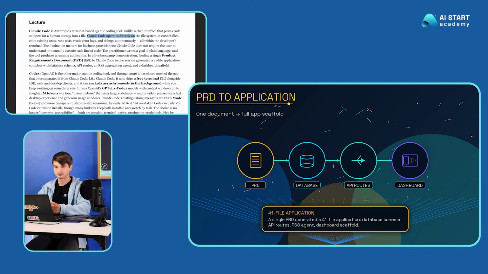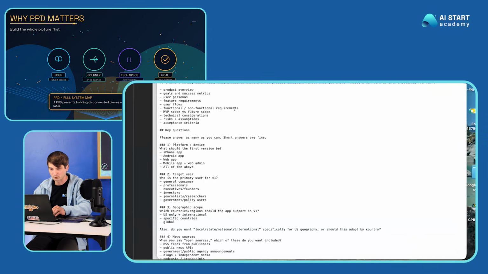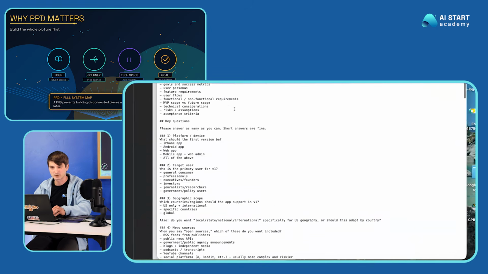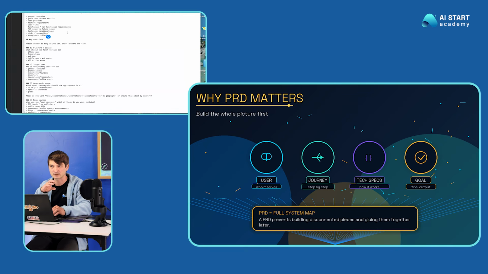So a product requirement document is a document that outlines what the project is about. Let me show you a sample example. Pretty much it outlines what we are building, and you need that in order not to fall into a trap of developing pieces of the application separately and then trying to glue them together.